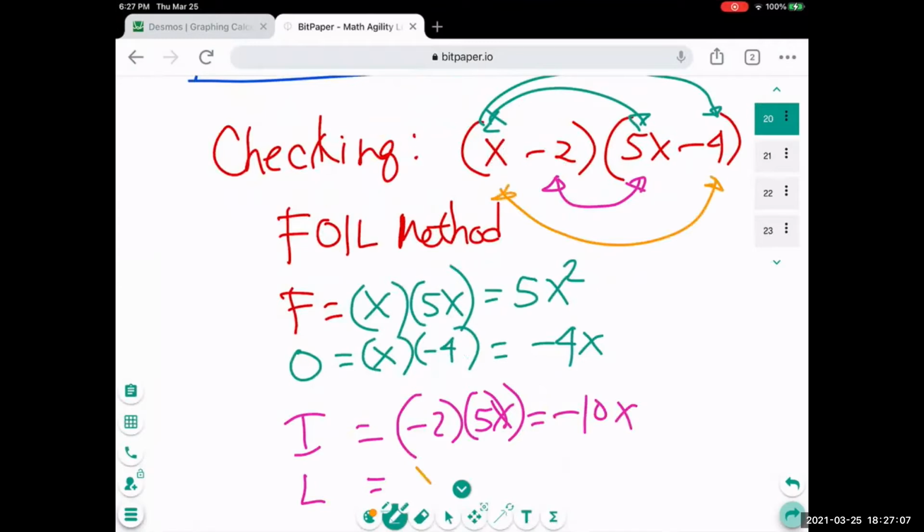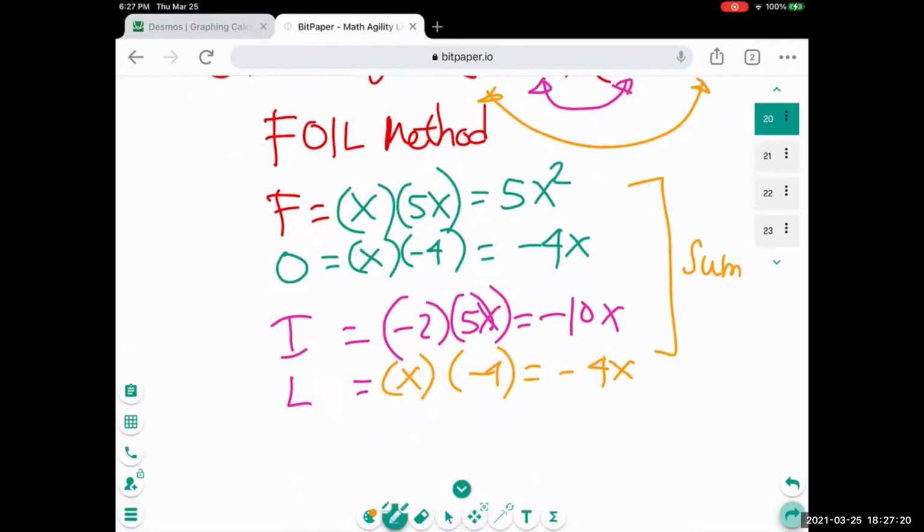So the next thing we need to do is to sum it up, right? So add lang natin siya together. And we will have 5x squared minus 14x kasi negative 4x and negative 10x would be negative 14x, and the last. Oops. What's the last?